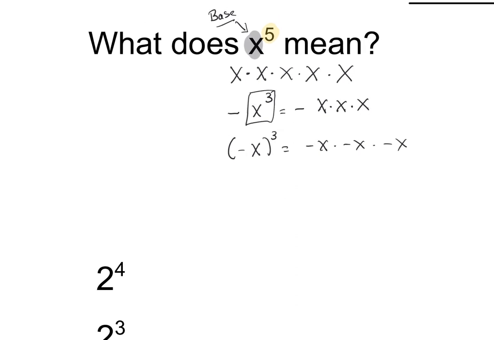A lot of confusion can happen when we do this. Just to see some other things with exponents, 2 to the 4th would be 2 times 2 times 2 times 2. On your calculator, you're going to hit 2 and then look for the caret symbol and then hit 4.